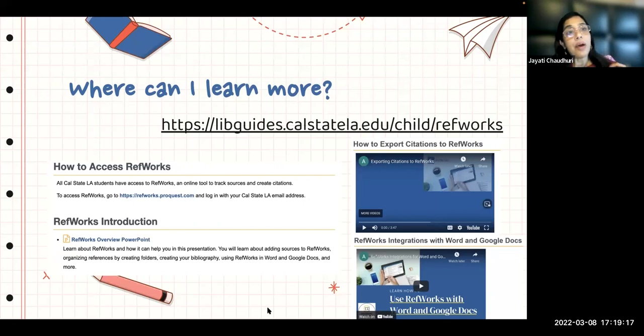I also have a RefWorks PowerPoint with step-by-step instructions on how to export your citations, and what else you can do with the RefWorks browser add-on option and other options. So please take a look at this page.